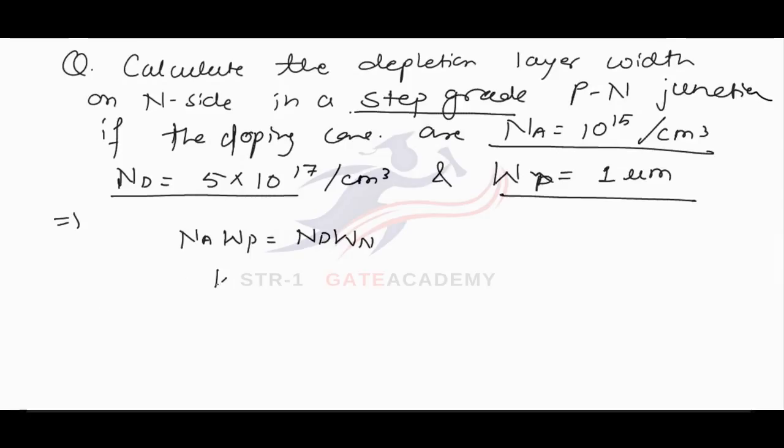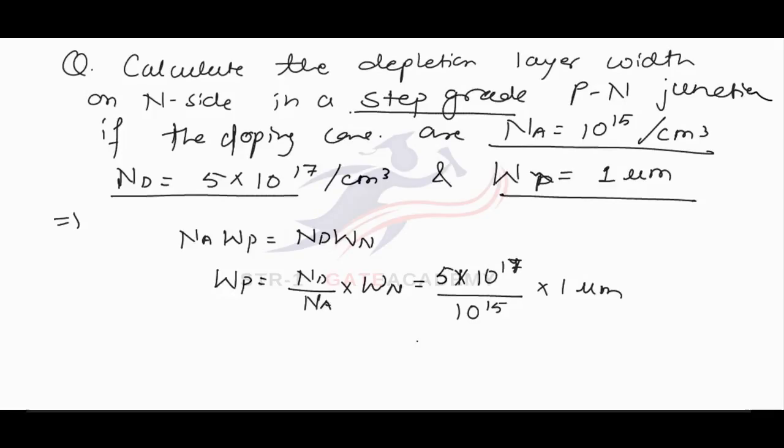From this equation we can calculate Wn, which will be Na upon Nd into Wp, equal to 10 raised to power 15 divided by 5 into 10 raised to power 17, into 1 micrometers. It will come out to be 500 micrometers.